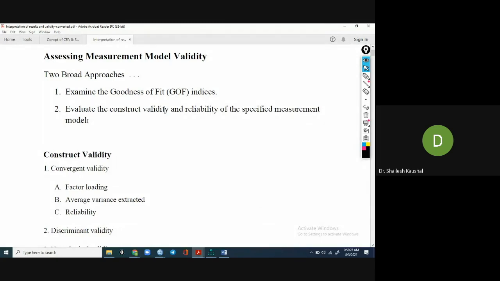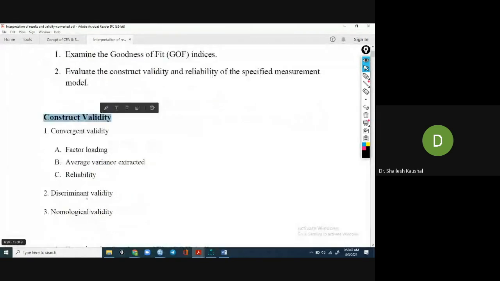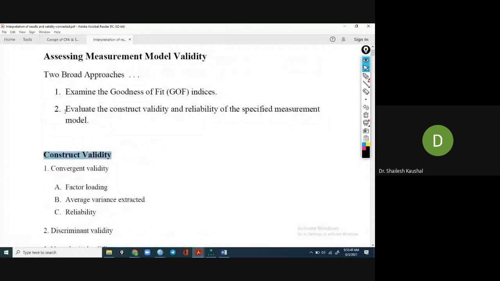So we report two results in our research paper or thesis: the goodness of fit indices, as well as the construct validity and reliability of our measurement or structural model. Here I'm talking about the measurement model, so I will find the construct validity and reliability, and then the goodness of fit indices.